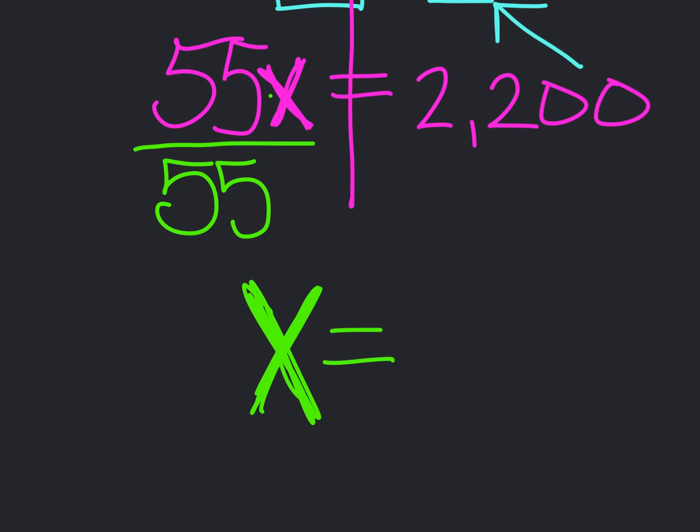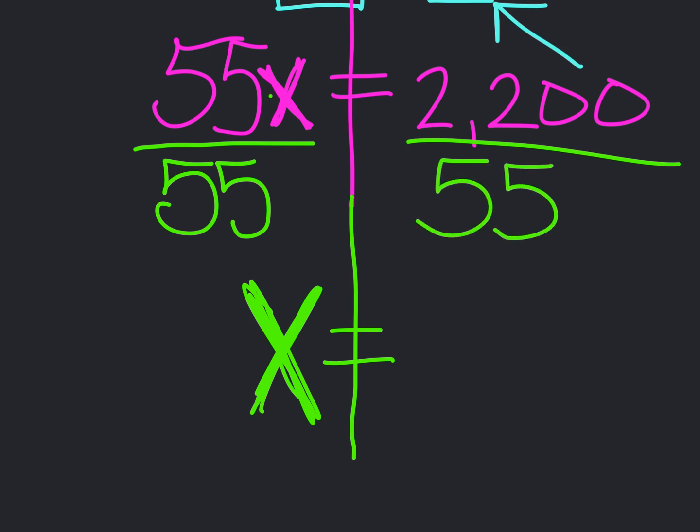Okay. And because there's an equal sign here, whatever I do to one side of my equation, I have to do the exact same thing on the other side. So if I divided by 55 on one side, I have to divide by 55 on the other side.